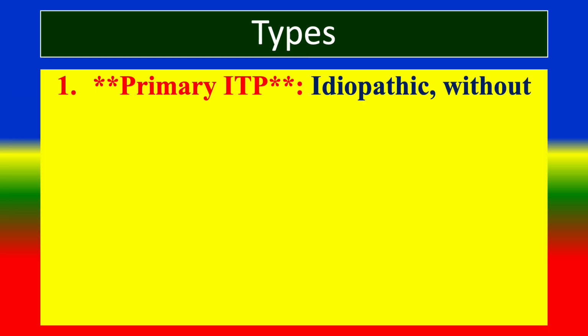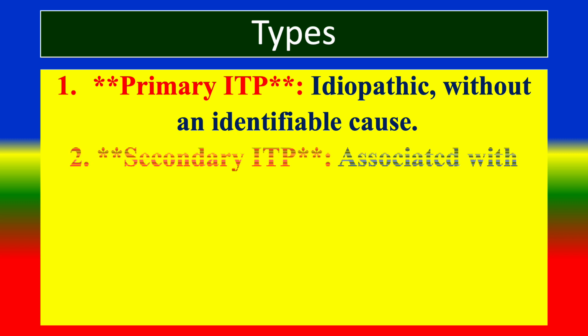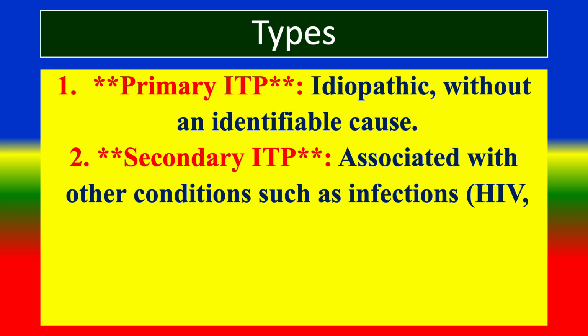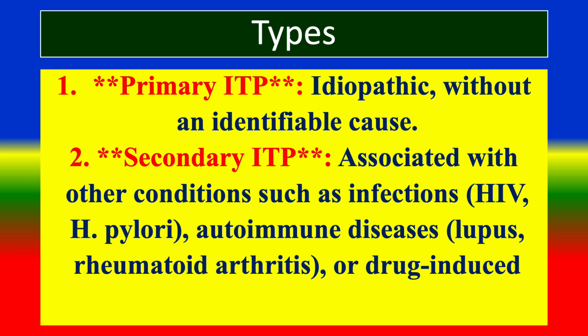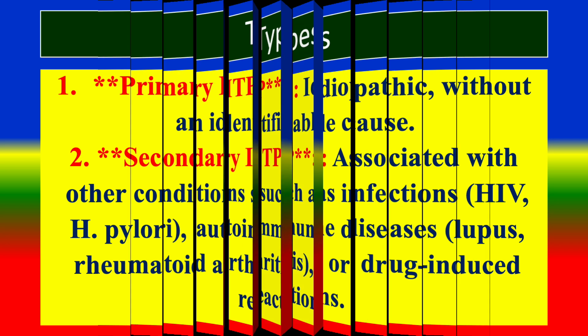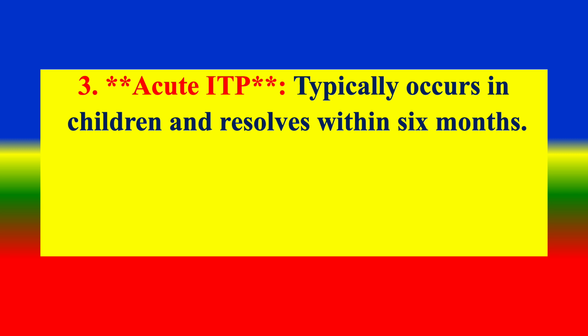Types. 1. Primary ITP, idiopathic, without an identifiable cause. 2. Secondary ITP, associated with other conditions such as infections, HIV, H. pylori, autoimmune diseases, or drug induced reactions. 3.